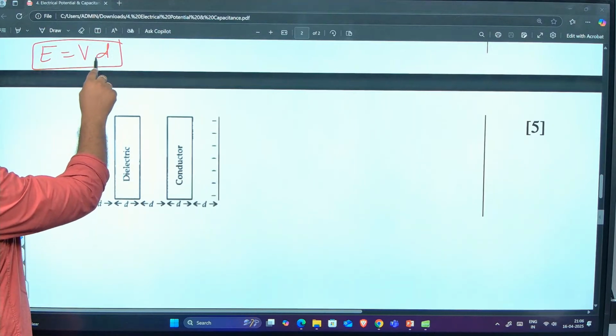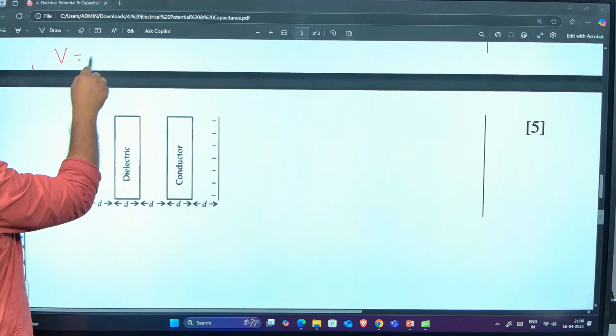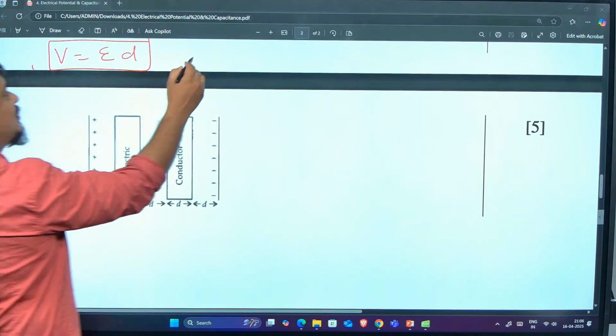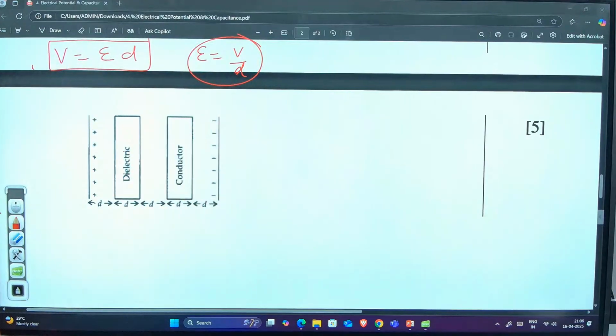E is equal to dV by dr. Actually, I have written wrongly. Electric potential will become equal to electric field into distance, isn't it? Because E is equal to potential by distance. So potential will become equal to electric field times distance.